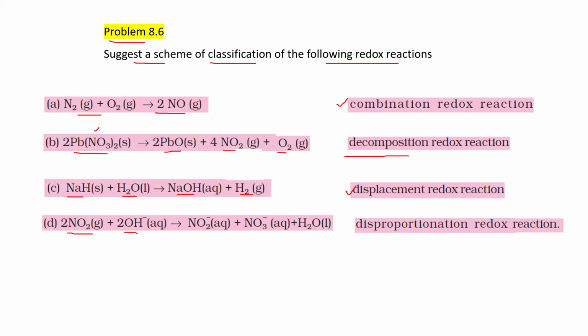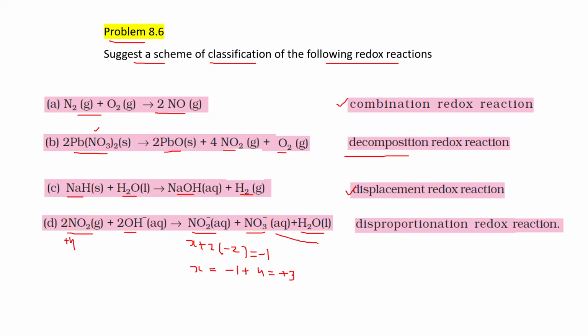NO2 plus OH minus converting into NO2 minus plus NO3 minus plus H2O. Now just see the change in oxidation number of nitrogen. In NO2, for each atom of oxygen it is -2, and for 2 oxygens it is -4, so for nitrogen it is +4. Now in NO2 minus, X plus 2 multiplied by -2 is equal to -1. So what is the value of X? X is equal to -1 plus 4, that is +3.